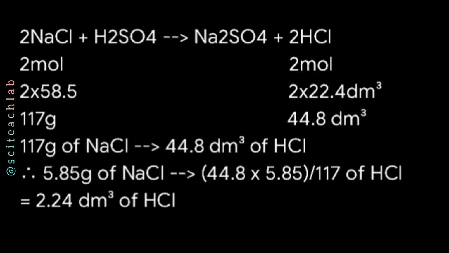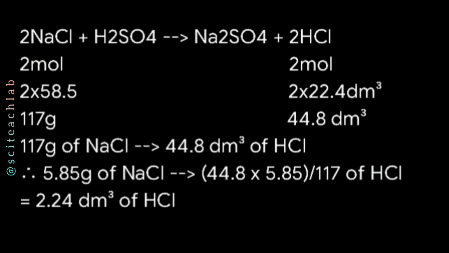So now we're going to compare and say if 117 grams of NaCl yields 44.8 dm cube of HCl, then what would 5.85 grams of NaCl that's given to us in the equation yield? So we put that mathematically and say 117 grams of NaCl equals 44.8 dm cube. Then 5.85 grams of NaCl equals X of HCl.